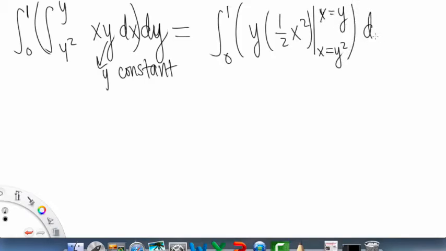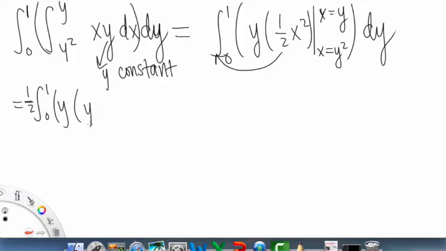Our dy is on the outside. If we continue, we get 0 to 1, and I'm going to bring the 1/2 out in front just because I like doing that. Then our y is still sitting there, and we have x squared, so now top minus bottom, so that would be y squared when you plug in y, minus y squared squared. We have a lot of parentheses, lots of y's.